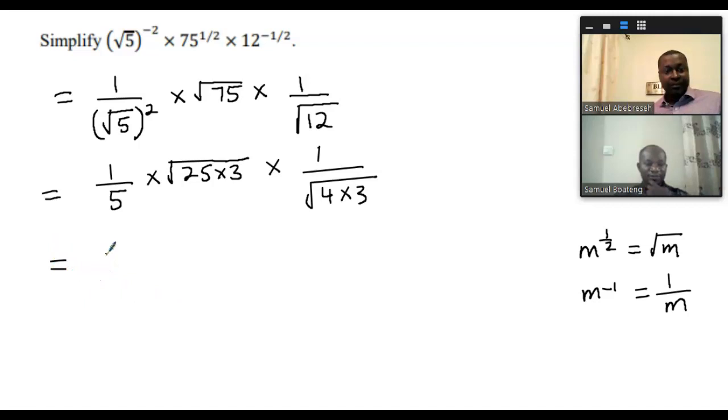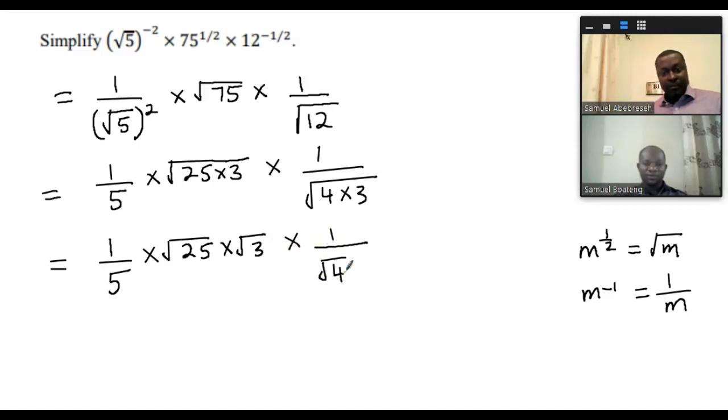So next step, equal to 1 on 5 times square root of 25. You're breaking the 75 times square root of 3 times 1 on square root of 4 times square root of 3.